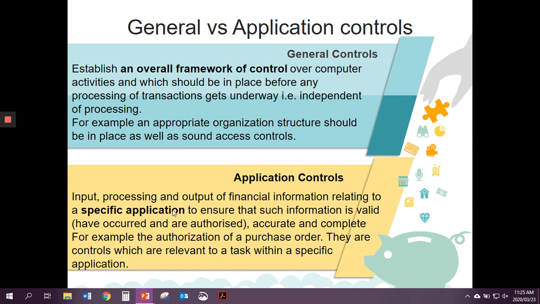And so we need to get to grips with that difference. Application controls: very detailed access to specific applications. General controls: more dealing with the environment, more dealing with access to computers and software.